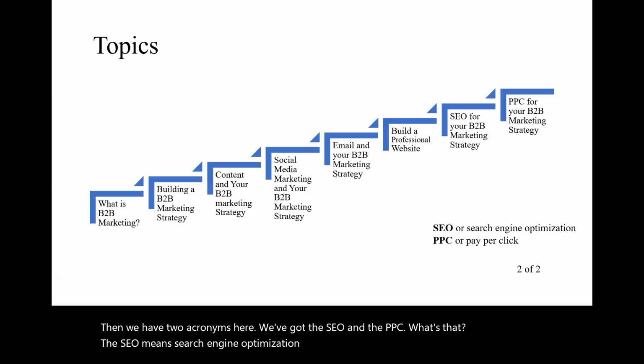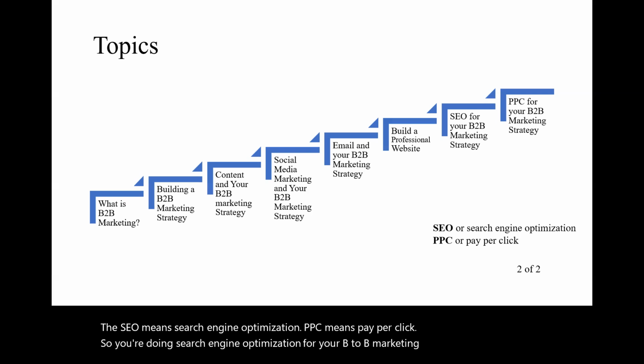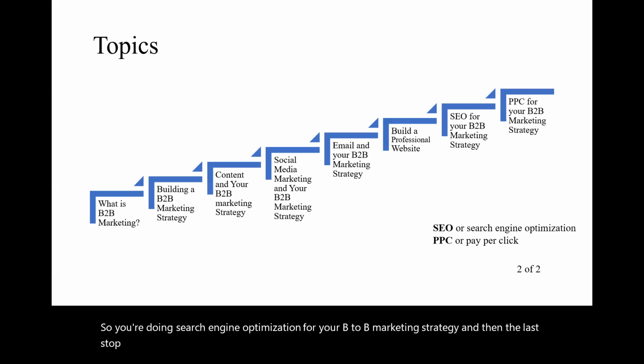PPC means pay per click. So you're doing search engine optimization for your B2B marketing strategy. And then the last stop is pay per click for your B2B marketing strategy. So these topics are addressed in this document I'm going to share the link to.